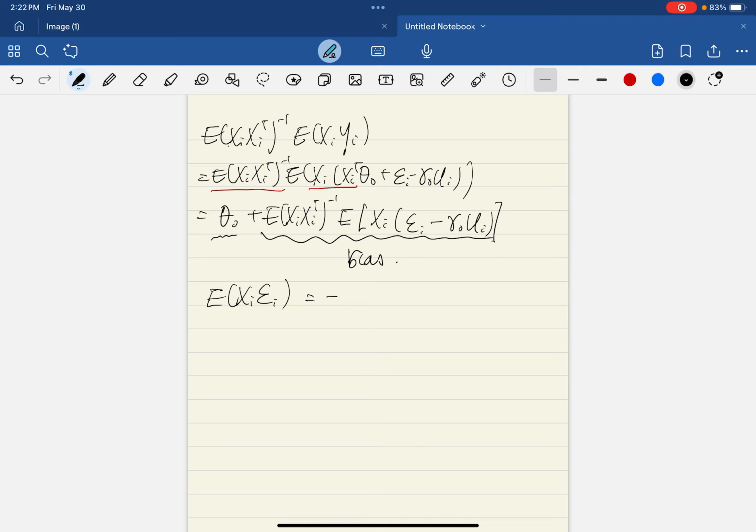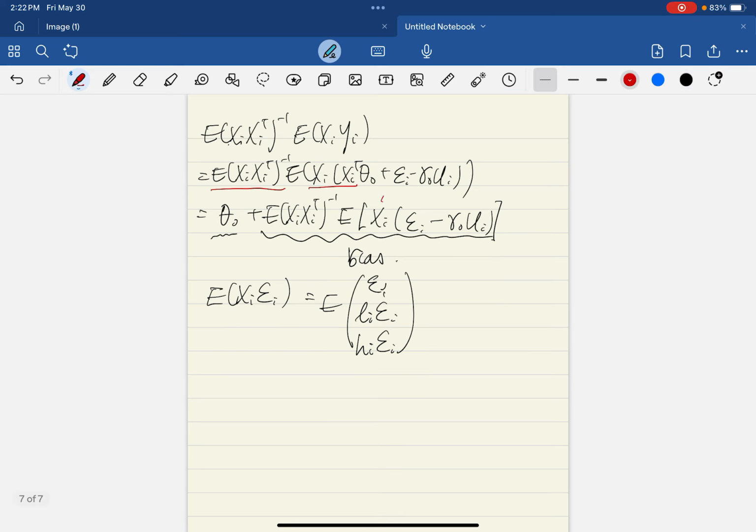Let's think about this first. x is a vector, so we can rewrite this in terms of its components. If we think about x and epsilon first, we assumed epsilon has mean 0, so this is 0. Also, we assume that epsilon is uncorrelated with labor. That's fine.